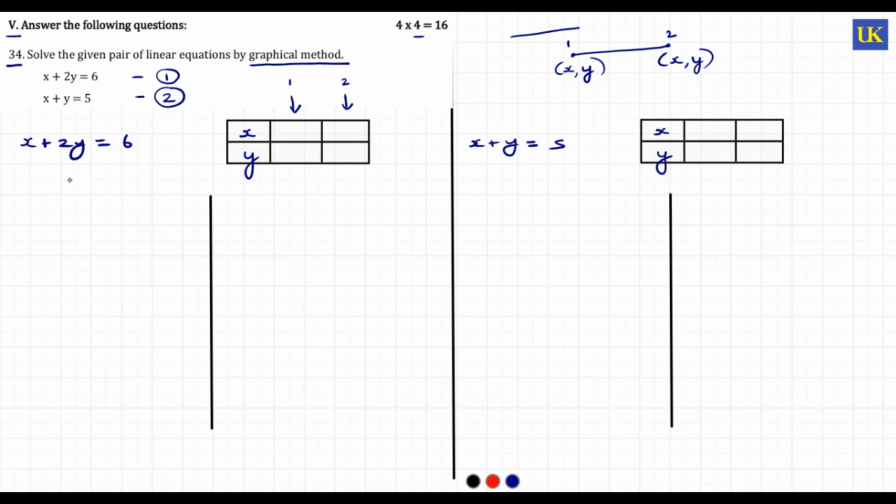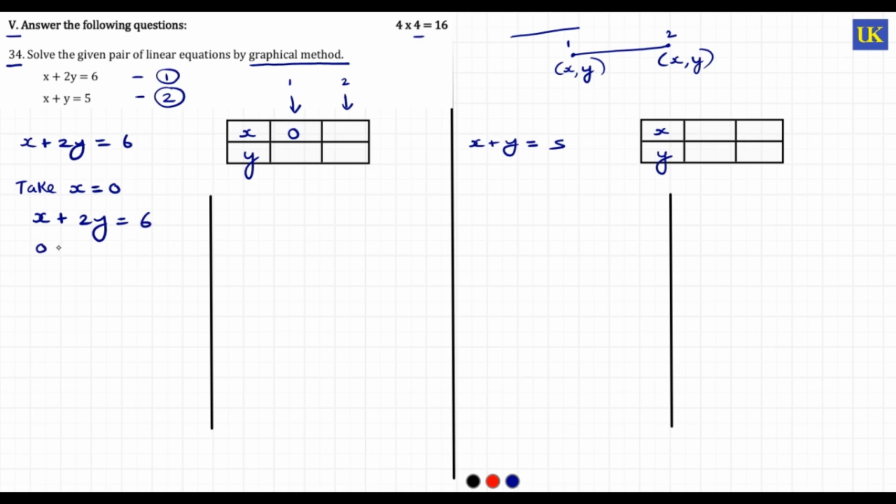What we need to do while finding the coordinate is that we'll assume one particular variable as some value, and we will input that value in the equation, and the equation will provide us the value for the other variable. So for example, let's take x is equal to 0. We'll put that in our first equation, x plus 2y is equal to 6.